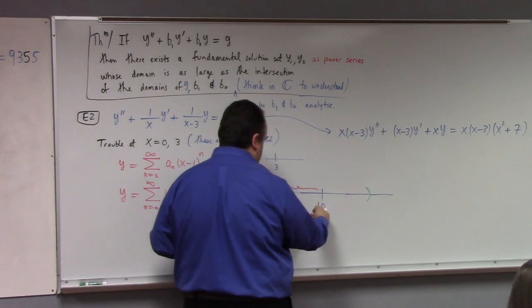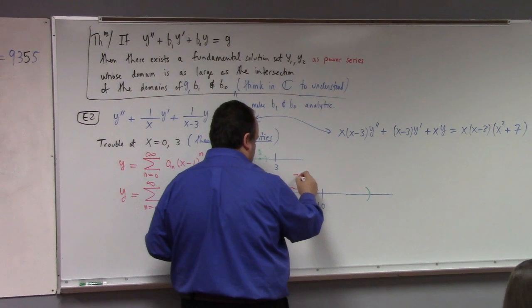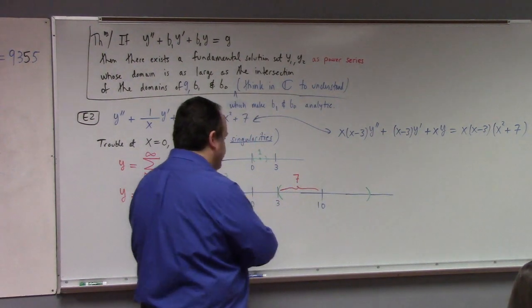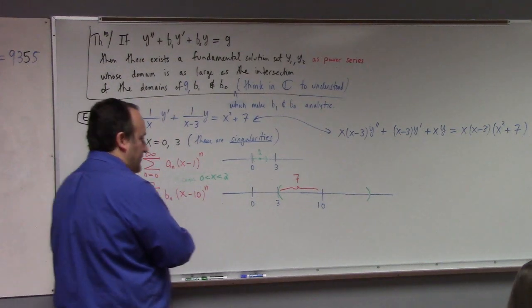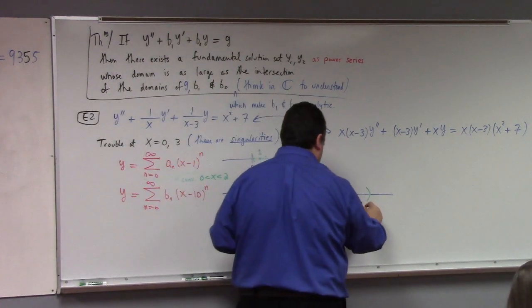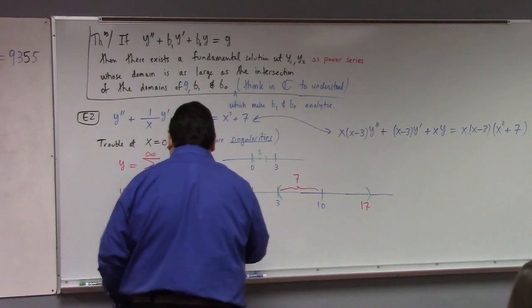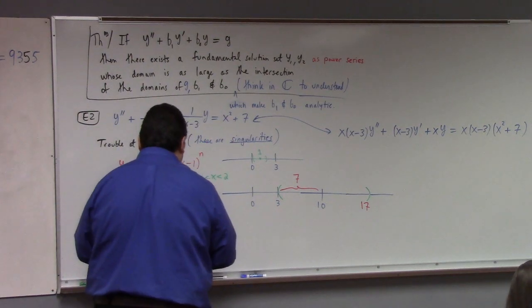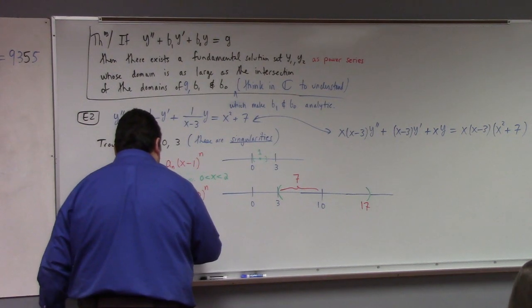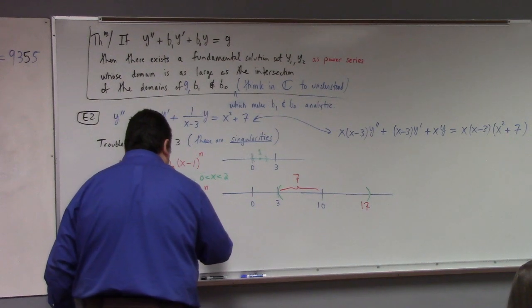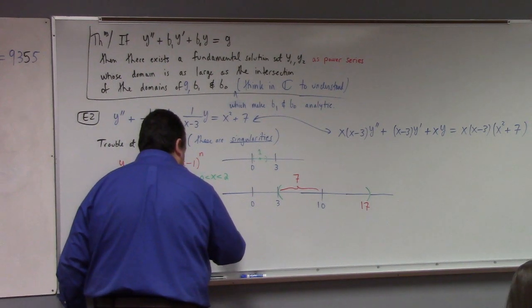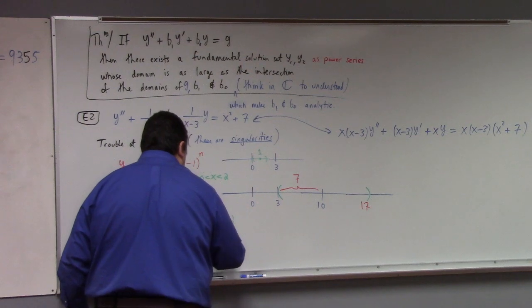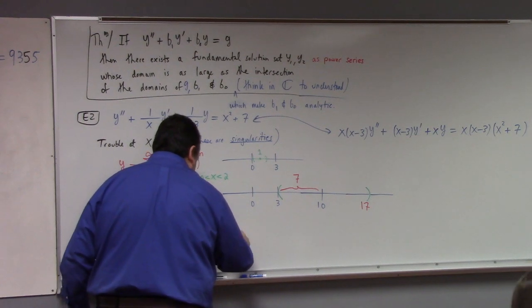This distance, 10 minus 3? 7. So this would be what? 17, right? So in this case right here, we would know that it converges on 3 to 17.